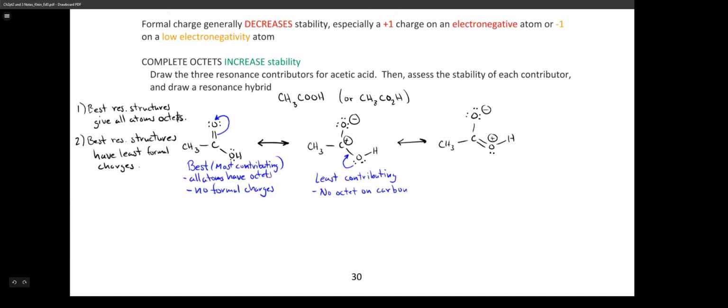Okay, the next rules are not going to be really important here. But going back to what we have here, the best resonance structures should avoid putting like charges on adjacent atoms.